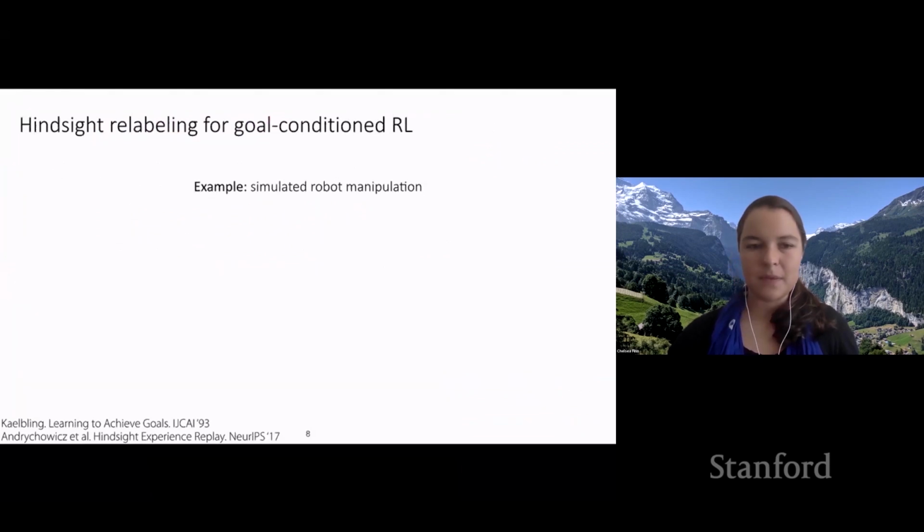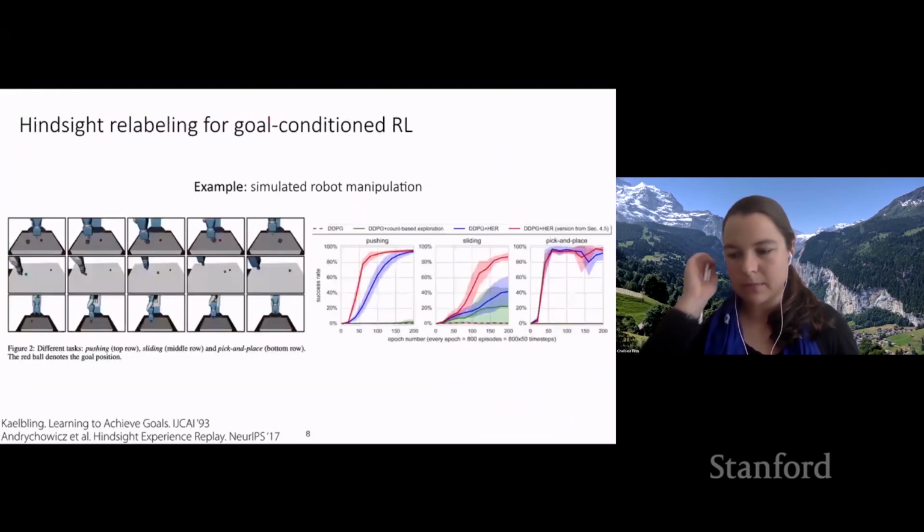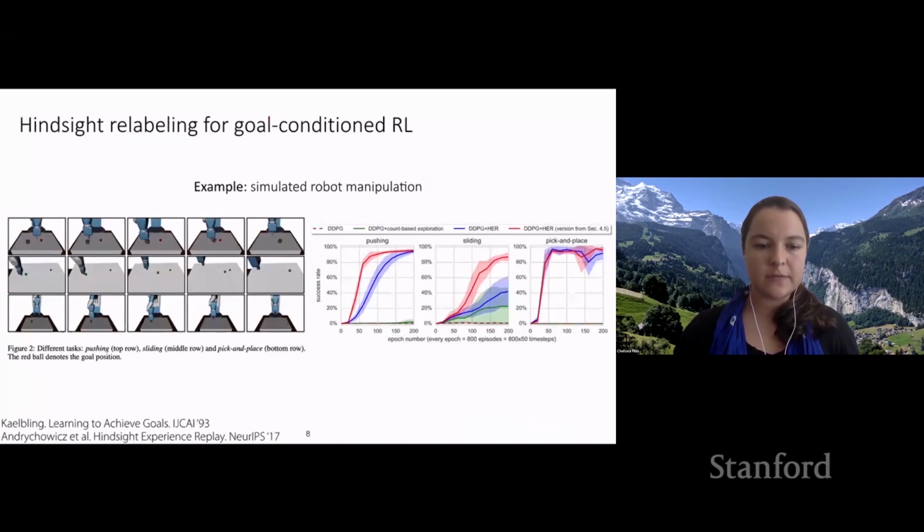Okay, and then how does this actually work in practice? The 2017 paper that introduced this concept, which was also somewhat introduced in a 1993 paper by Leslie Kaelbling, experimented with a simulated robotic manipulation task, where tasks corresponded to pushing, sliding, and pick and place of objects on a table.